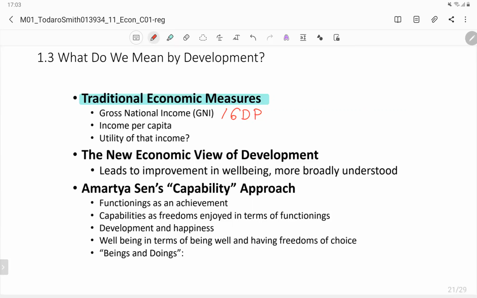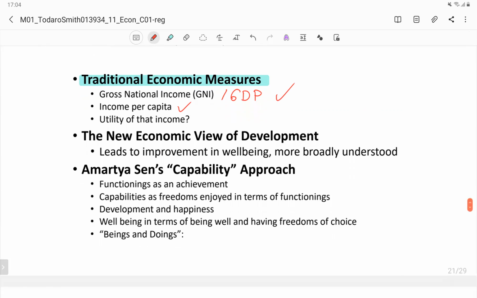Well, this is good. There is nothing wrong with GDP or income per capita, but it's not the only thing that we have to be concerned about when we talk about development. We also need to talk about income inequality, for example, and health quality or regional development or things like that. So that was the traditional economic measure.